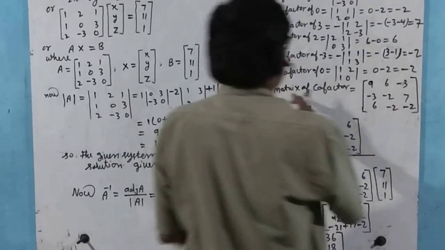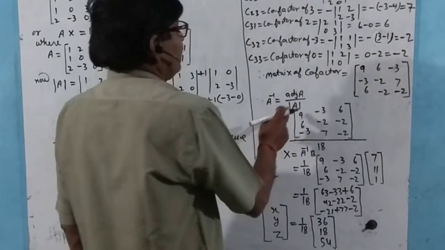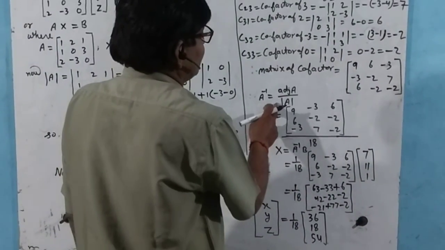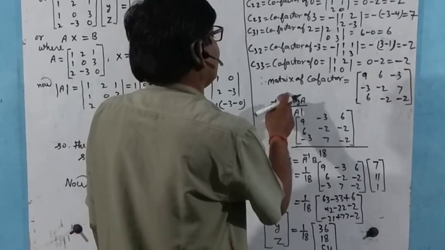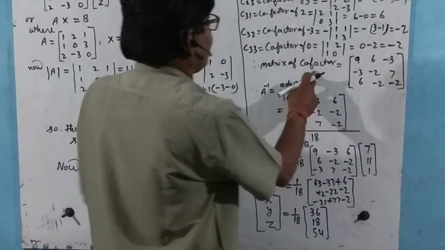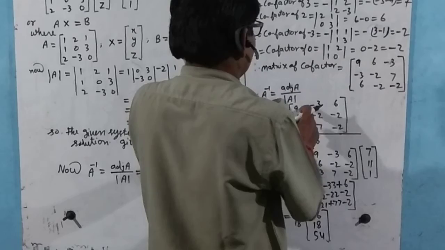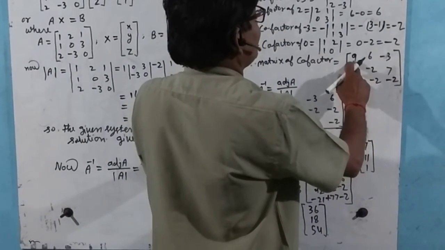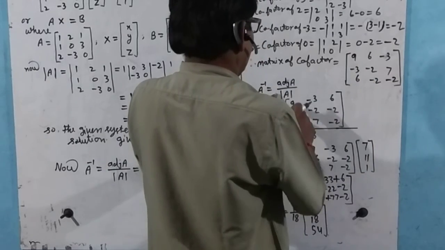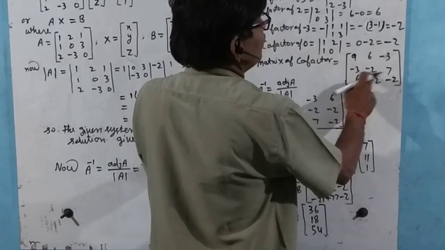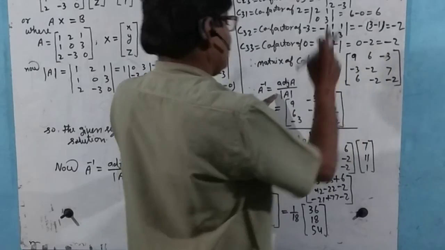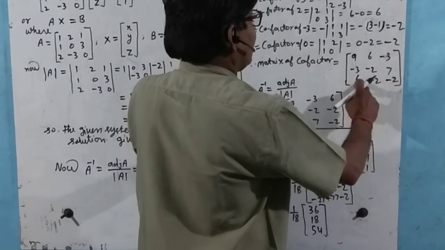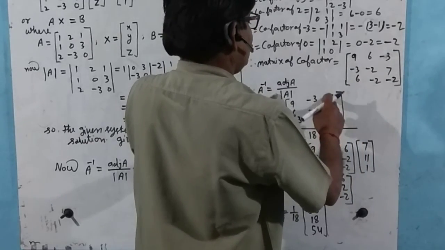Here the matrix of cofactors, so we know that the inverse of A is equal to the adjoint of A divided by the determinant of A. The adjoint of A is the transpose of the matrix of cofactors, so rows convert into columns: 9 minus 3 6, 6 minus 2 minus 2, minus 3 7 minus 2.